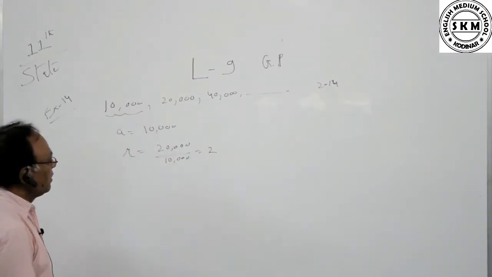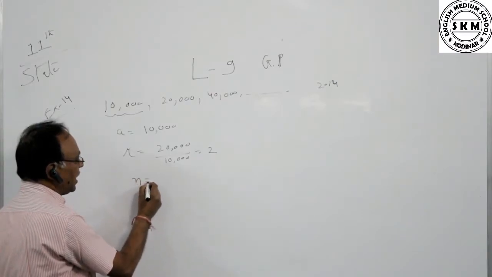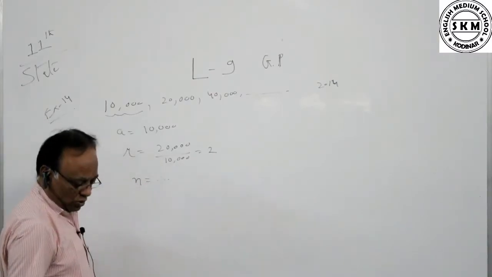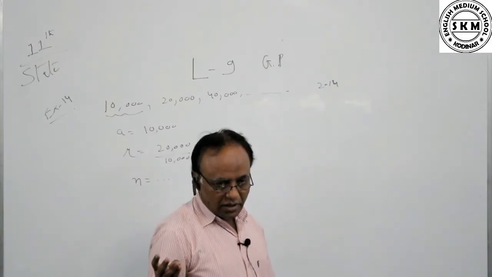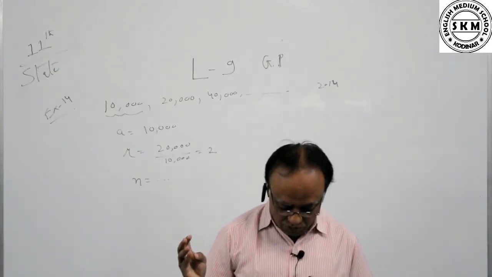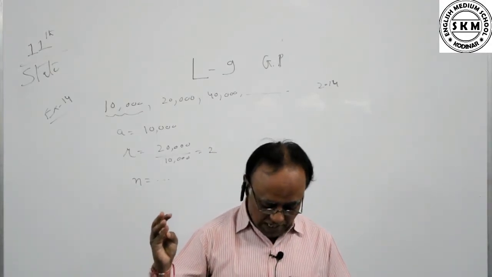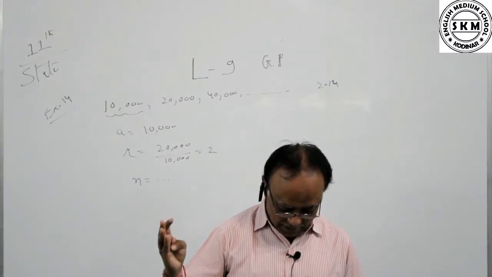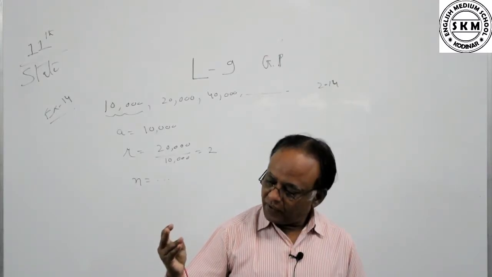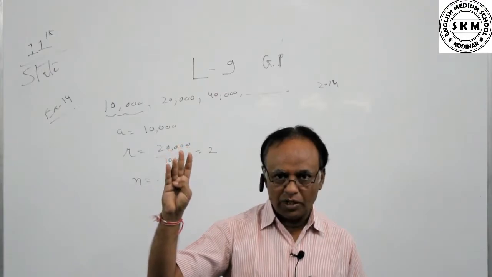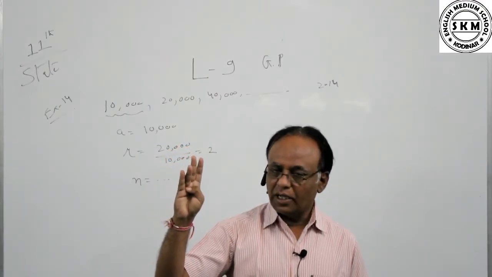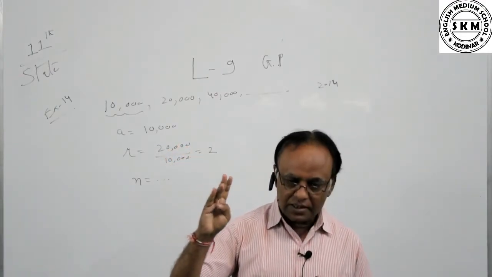And we want to find n. From 2009, so 9, 10, 11, 12, 13 and 14, 2014. So n is equal to 6.